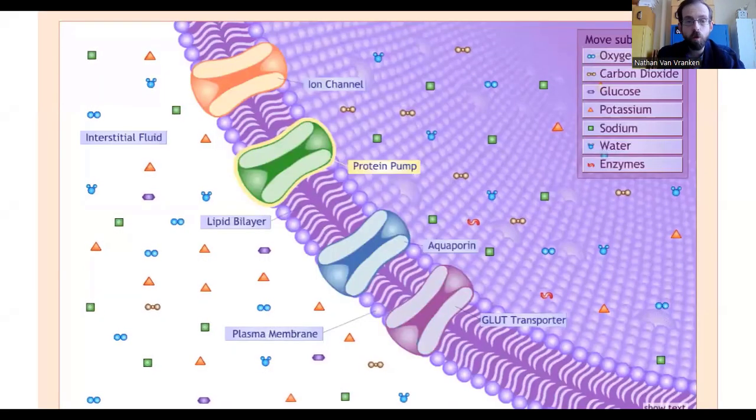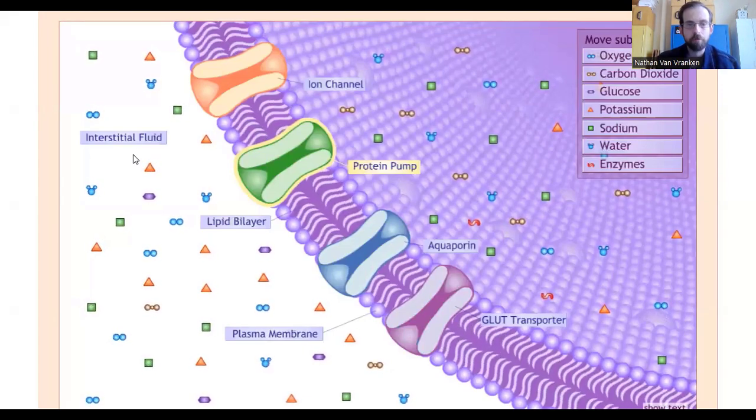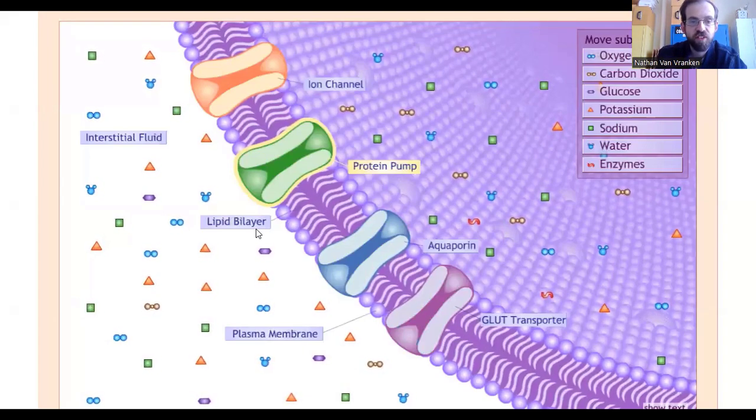Right now we have our cell right here in the purple. We have interstitial fluid, which is where the cell moves around. There are those lipids that we talked about in the biomolecules, and a protein pump.